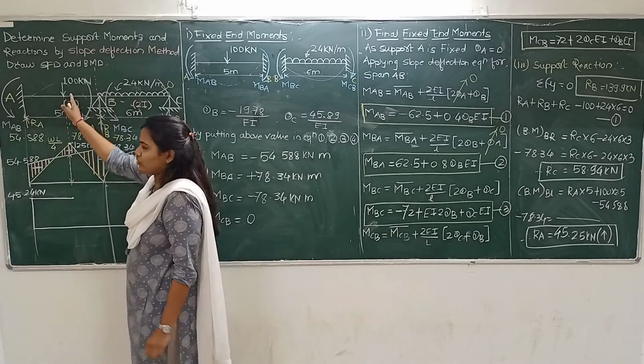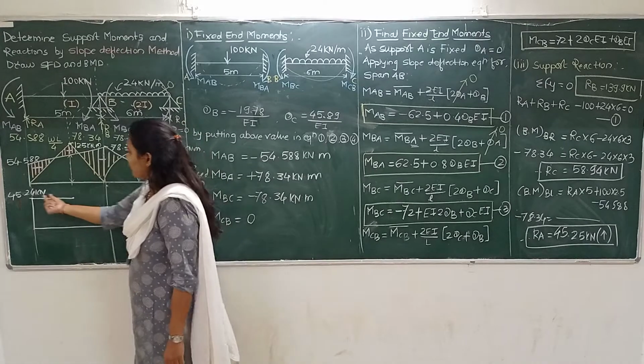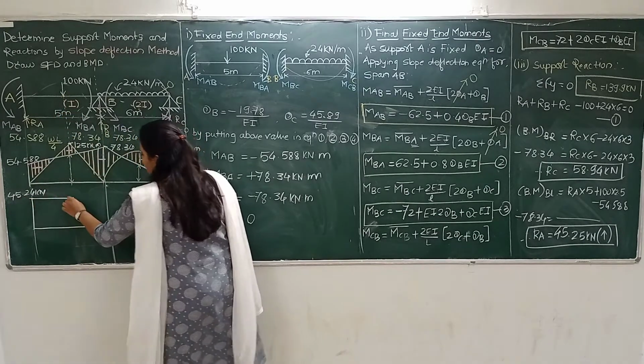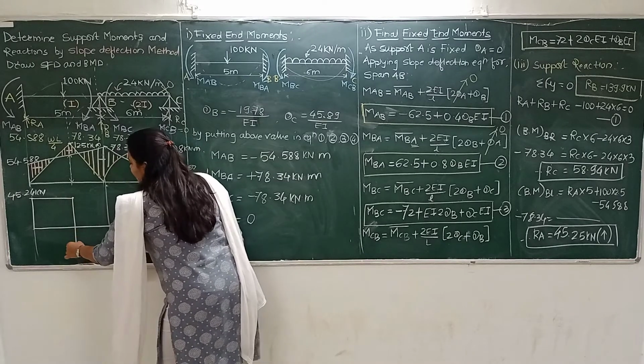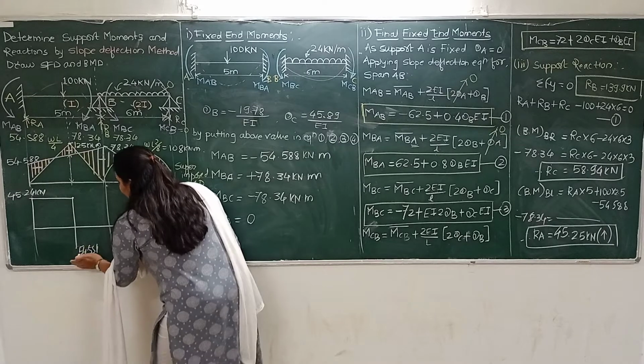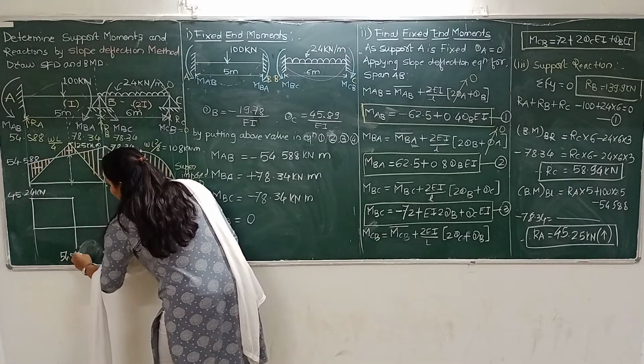Then under this point load, we get two values of shear force. Positive 45.25 minus this 100 kilonewton, the shear force will drop down to a negative value, which comes to be minus 54.55 kilonewton, the shear force under this point load.